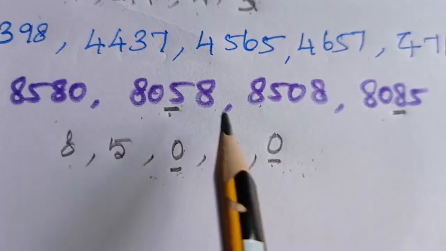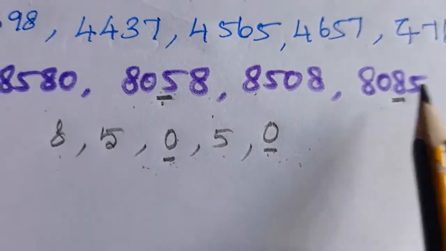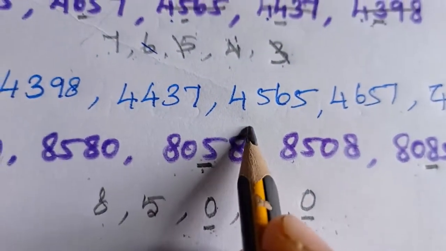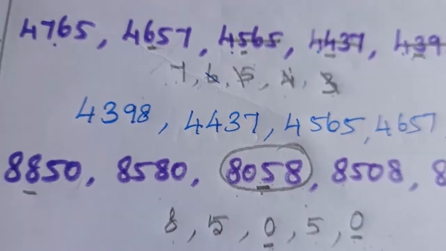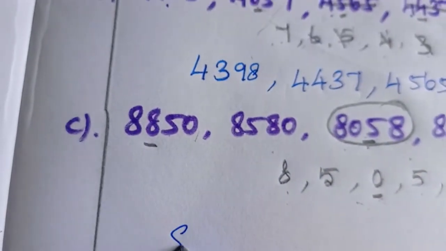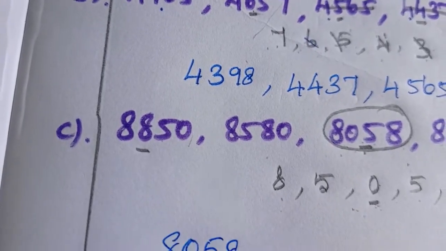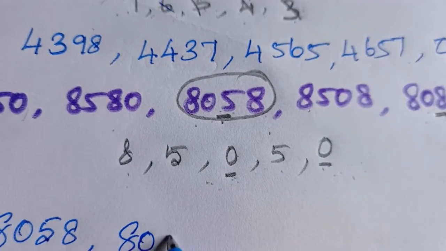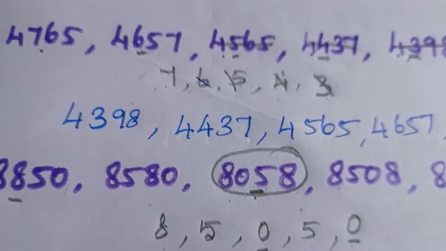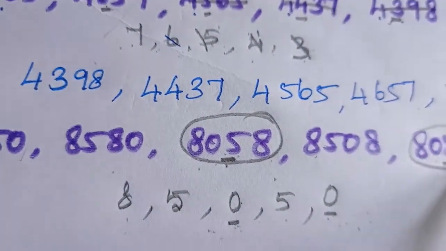Okay, so which one is smaller, 5 or 8? Yeah, 5 is smaller. So you can write the smaller number 8058. So next, you already know this one, 8085. Okay? So these two numbers we already found.